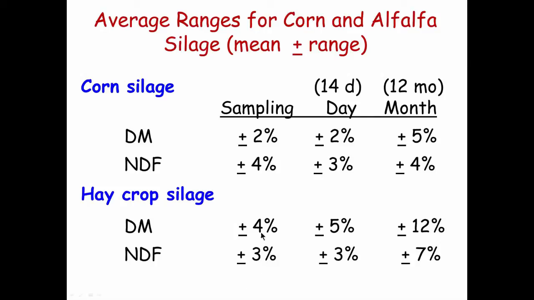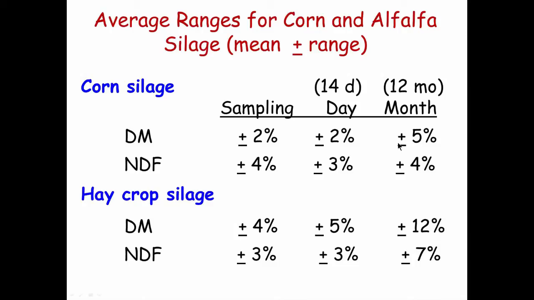For the hay crops, dry matter and NDF had about the same sampling variation. And this is, again, because now it's much more difficult to selectively sample a haylage. The pieces are smaller, they're wetter, and they tend to stick together a little bit better. Now, these other two columns: this column here is the experiment we've been talking about, the true day-to-day variation over a 14-day period.